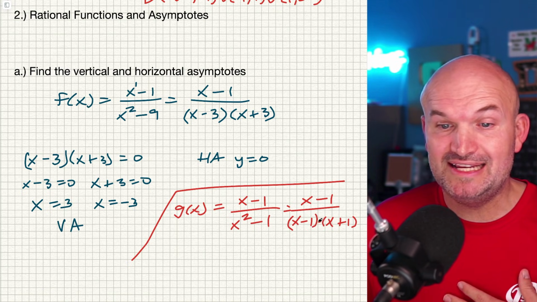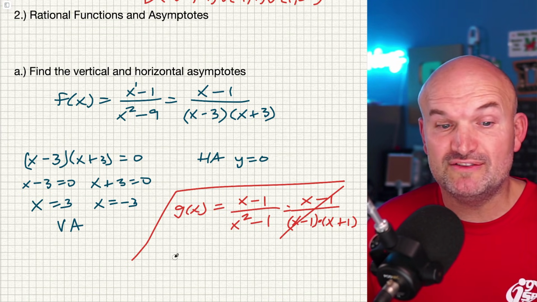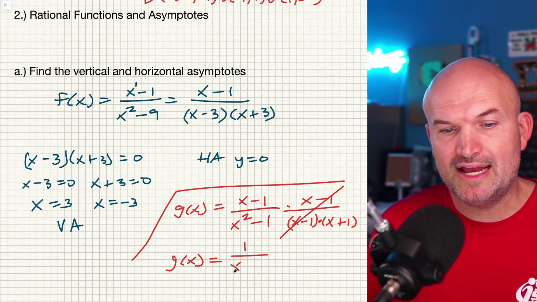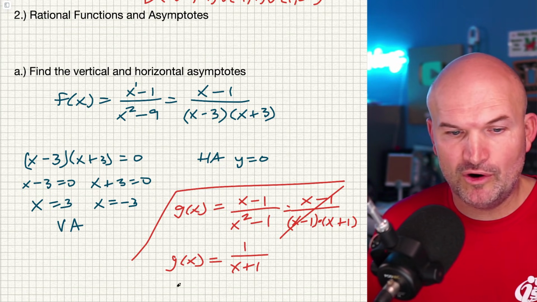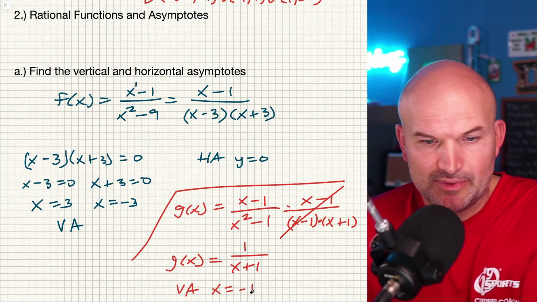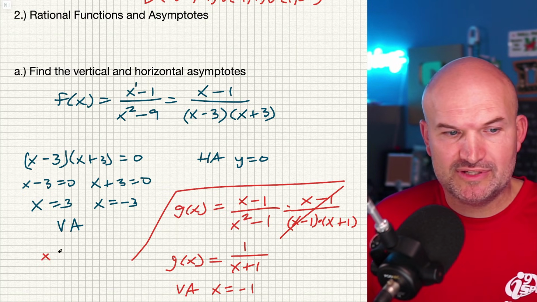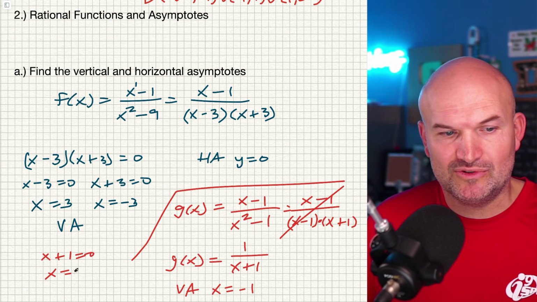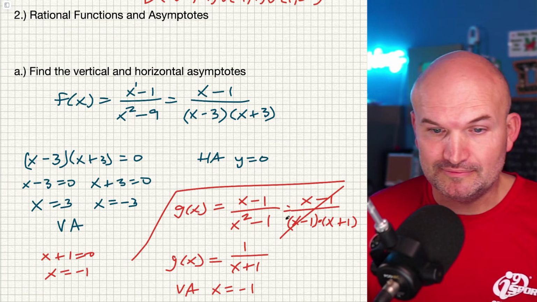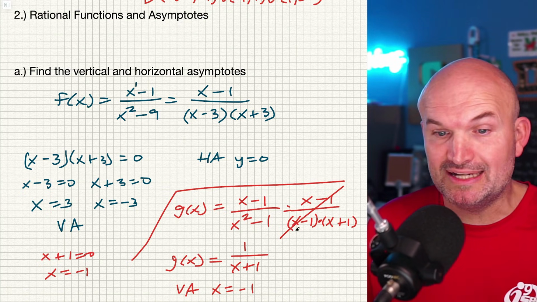Okay, so what I want you to see is since these are separated by multiplication, those expressions are going to divide out. So my simplified version of my g of x is going to be 1 over x plus 1. So therefore, I have a vertical asymptote at x equals negative 1. Now I might say, well, Mr. McLogan, it's x plus 1. Yeah, but when I set x plus 1 equal to 0, you get x equals negative 1. That is the value of my vertical asymptote. However, x equals 1 is still a discontinuity.